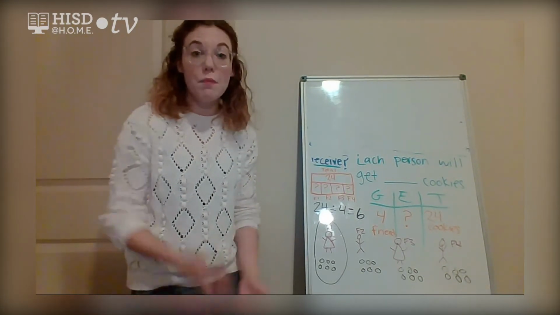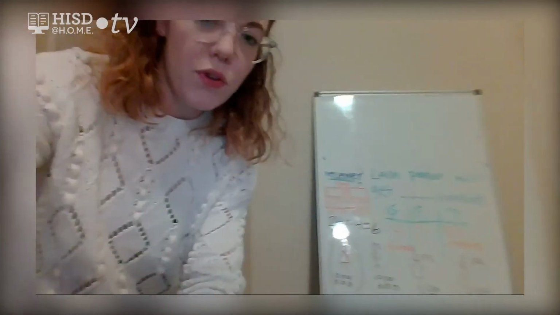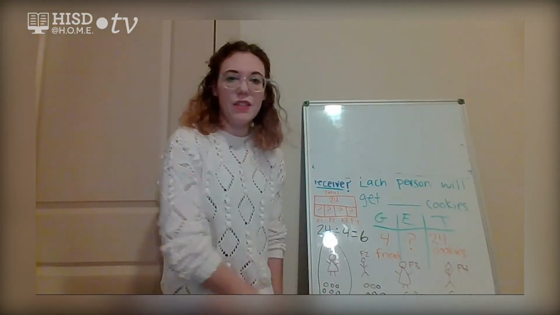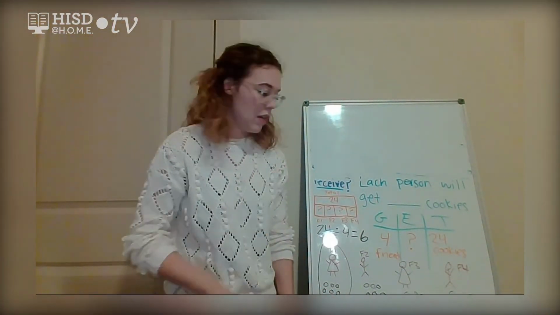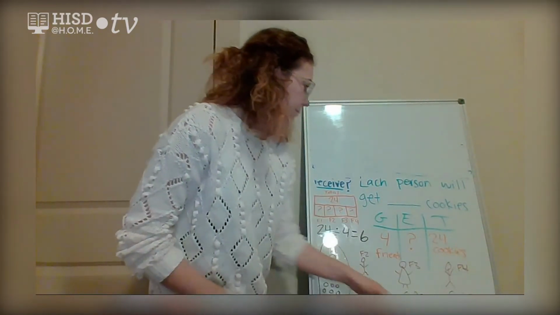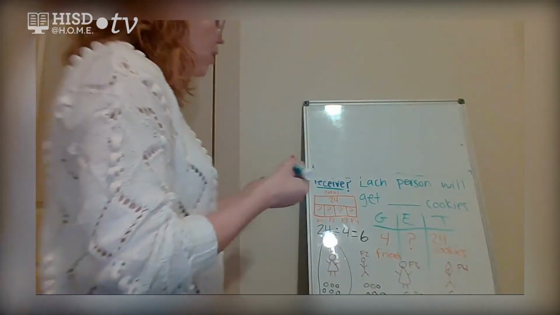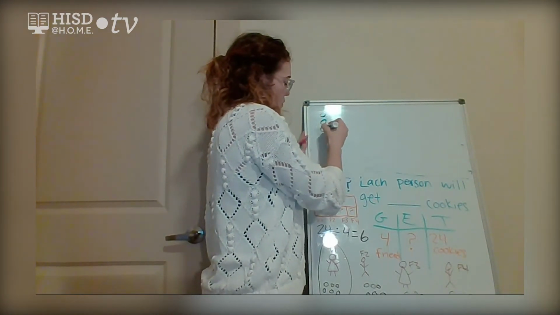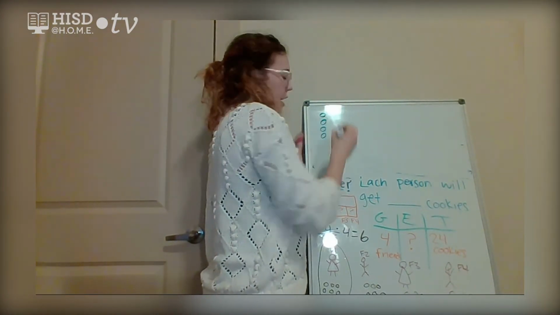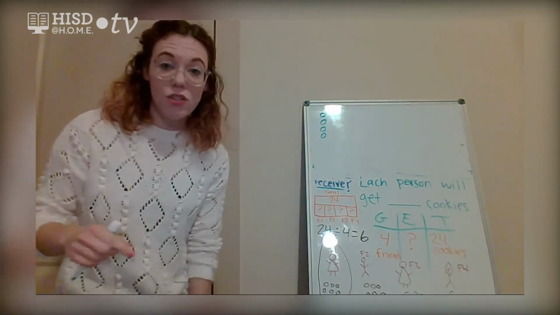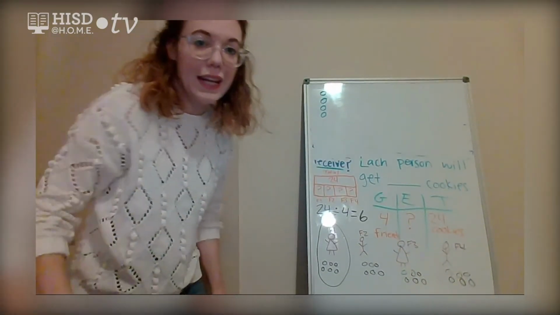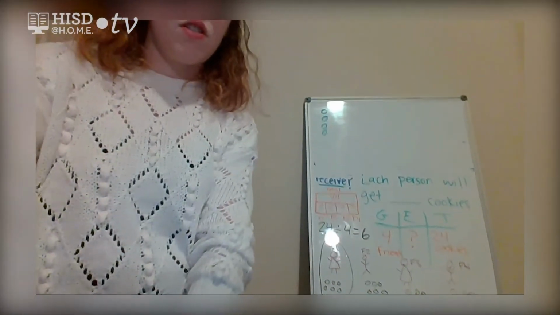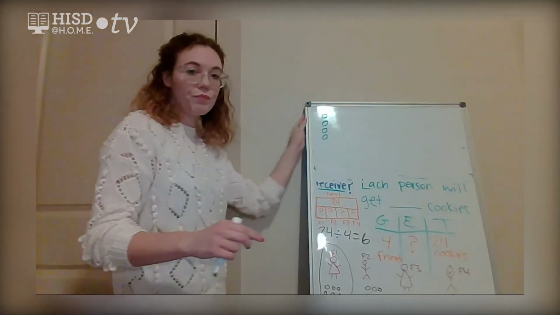All right, guys, so I'm going to check my work. This time I did groups down here, so I'm going to do an array up here. I will do 4 rows to represent each person: 1, 2, 3, 4. And I'm just going to count in each one at a time in each row until I get to 24.